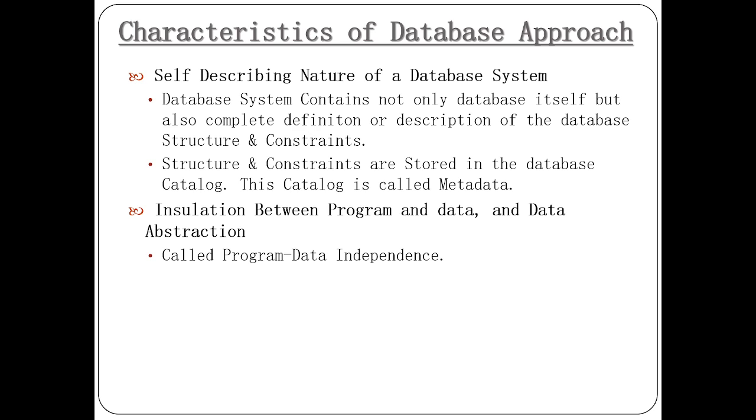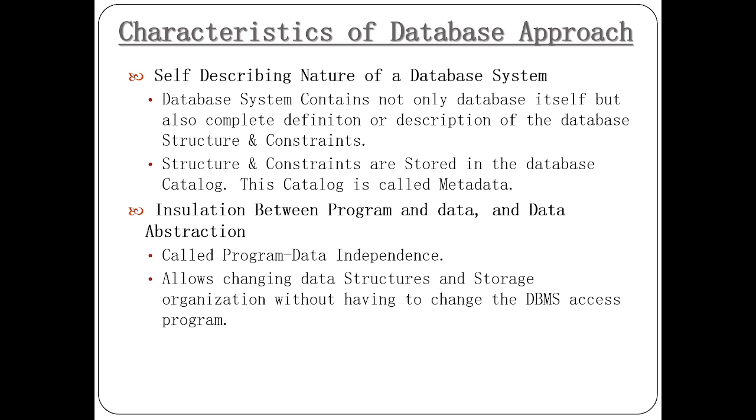But in DBMS, all you need to do is define another data item in the catalog called date of birth, and all the changes will be reflected, and there is no need to change the whole program.